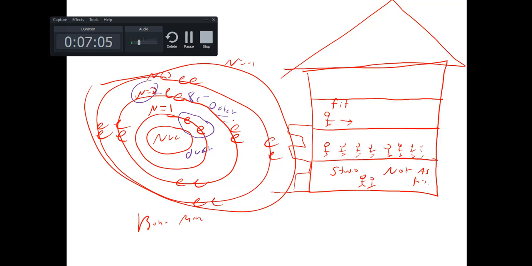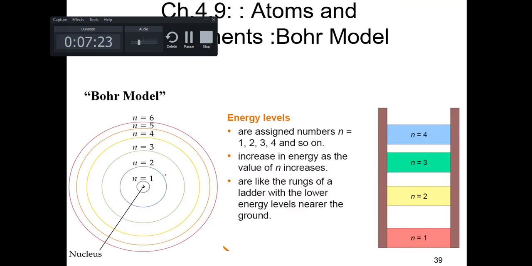Although you can have less than 8, you can't exceed the 8 electrons, or the octet rule. So you'll notice this is how the electrons are arranged. Each energy level can hold up to 2 electrons at the first energy level, and then more electrons for each individual level.